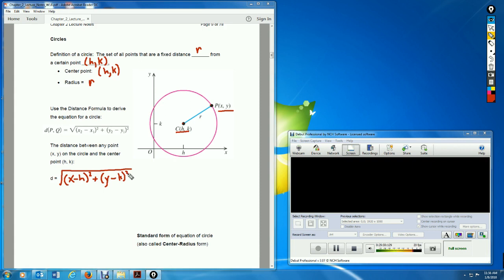And of course, we've already called that distance something. It's equal to the radius, r. Okay? So in other words, r is equal to all this stuff.